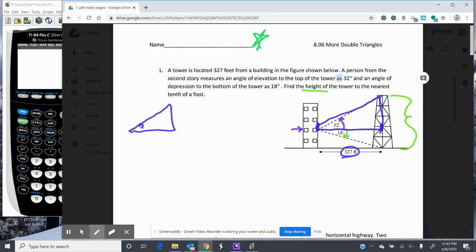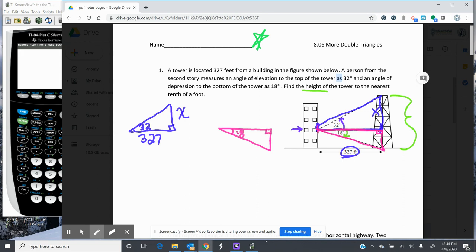Your angle is going to be 32, 327 feet out, and I'm going to find that measure to be x, that height there. Then I'm going to look at the bottom right triangle. So from the person standing on the second story, looking down, we have a second right triangle, which is going to be an angle of depression of 18 degrees.